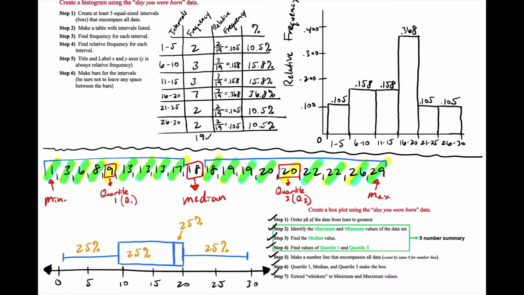Let me ask you this. Are there more students born from the 12th to the 31st versus the 10th to the 12th? So are there more students born in here versus in here?